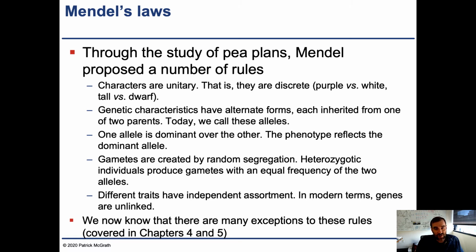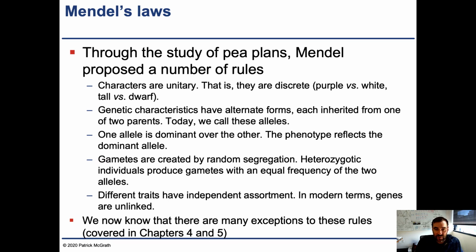So characters are unitary, that is, they are discrete. Typically there are only two different types of traits that a character can have. Flower color was either purple or white. Height of the pea plant was either tall versus dwarf.